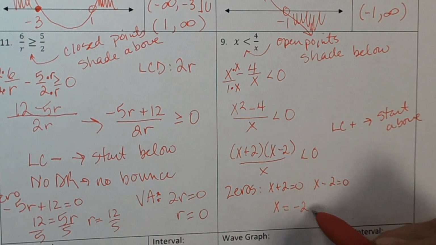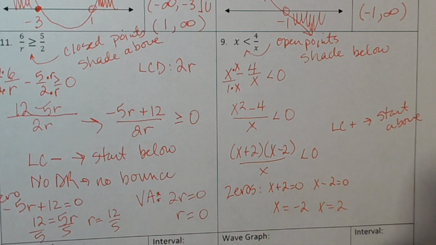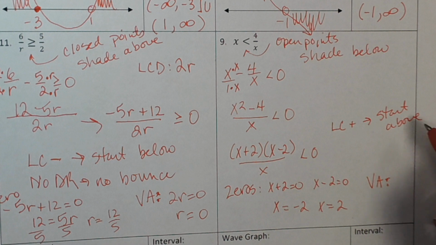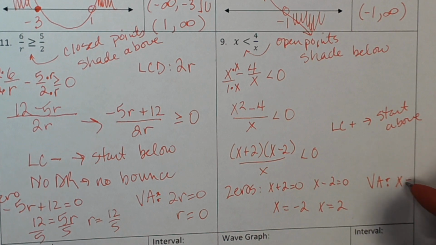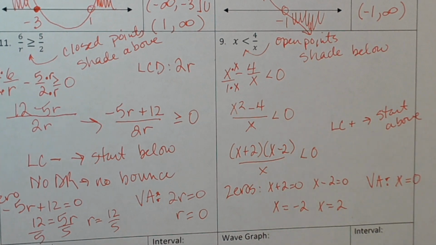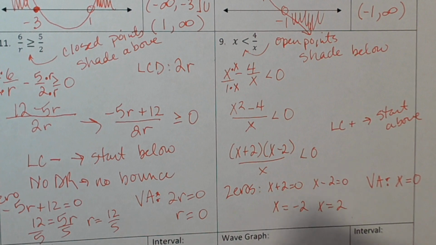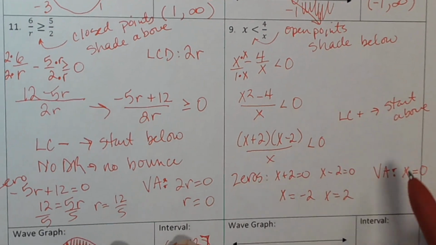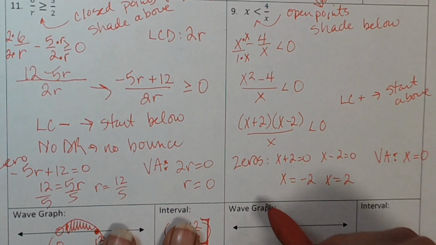So x equals -2 and +2. And then my vertical asymptotes, set that denominator equal to 0, so it's just x equals 0. Now I put them on my number line. Now these are all going to be open points because it started as an open point, and the vertical asymptote is always an open point.